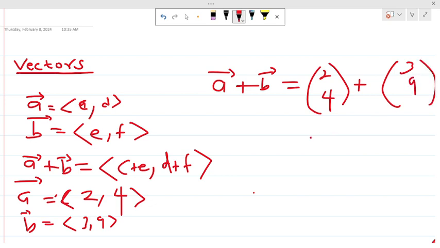So we get the answer to be 5. We add the x components, this and this first, then we do this and this. So 2 plus 3 is 5, then 4 plus 9 is going to give you 13.